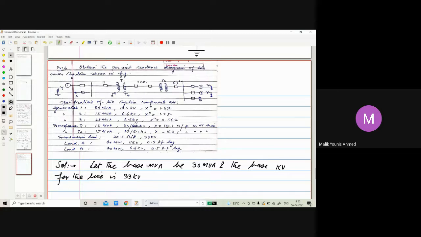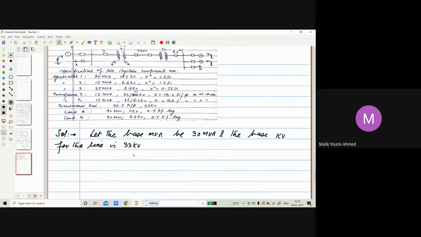First of all, we'll find the base kV in the circuit of generator 1; wherever you want to find it first doesn't matter at all.